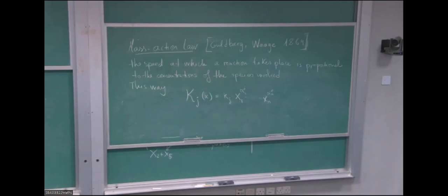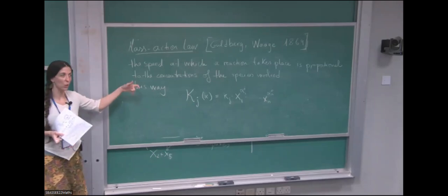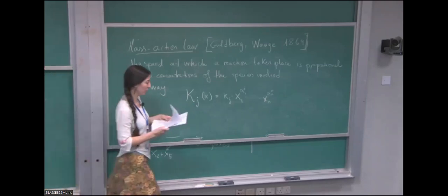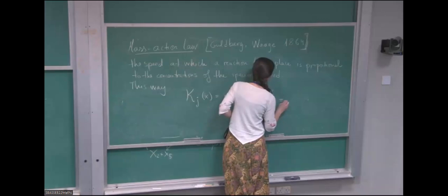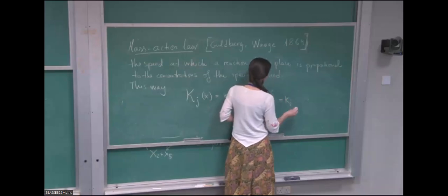I will have the stoichiometric coefficients as the exponents of the monomial, and I will write this also abbreviated like this.